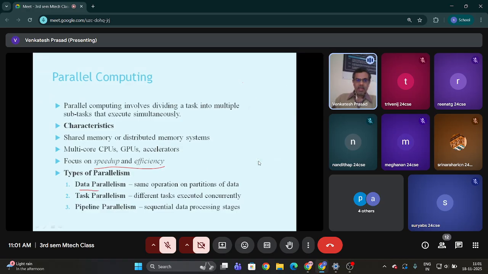Each chunk is executed on different cores or different CPUs. It could be different CPUs on the same system, different CPUs on different systems, or it could be using one GPU or multiple GPUs on different systems. All those things are possible.